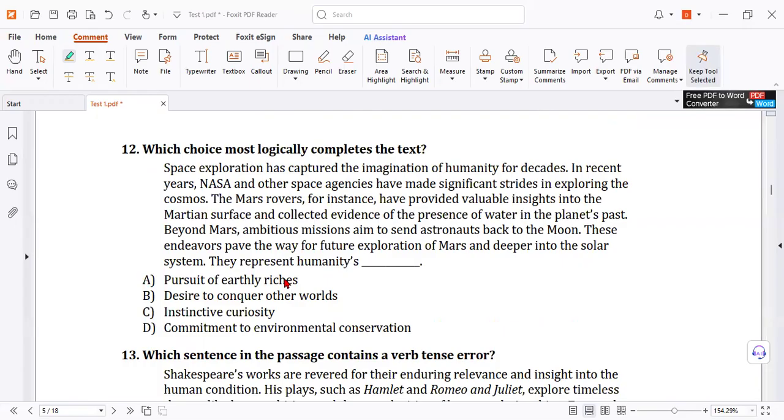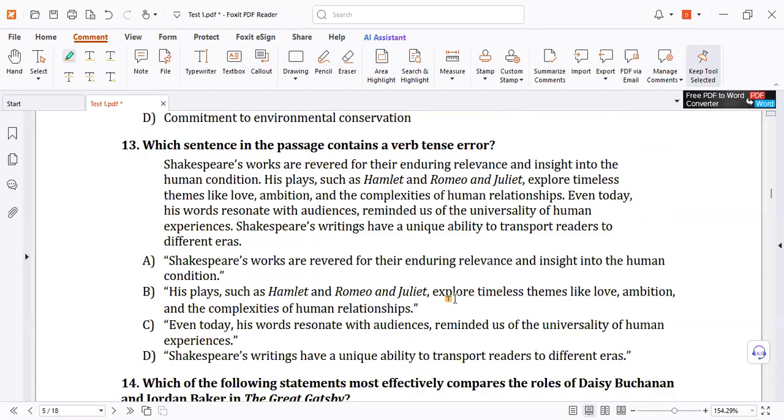Is it letter C? Letter C, accepted. Letter C?